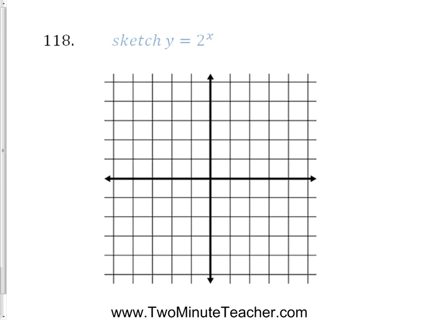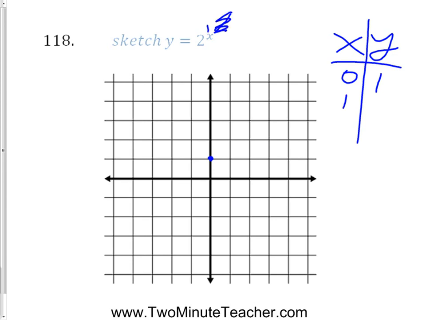On to the next one, y equals 2 to the x. This one is an exponential function because it has an x in the exponent. So if I stick in some numbers, go back to my XY chart here. If I stick in x is 0, do you see why anything to the 0 is equal to 1 will make this be, if x is 0, y is 1. That has to go through that point. And then if I stick in x is 1, 2 to the 1 is equal to 2.